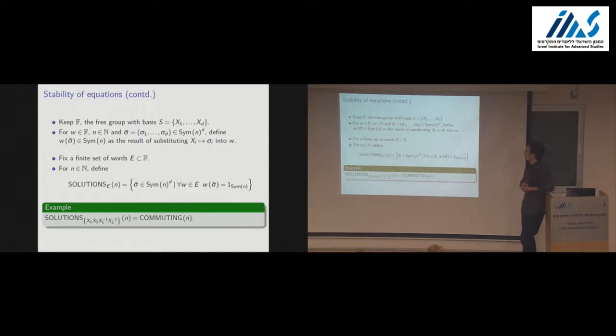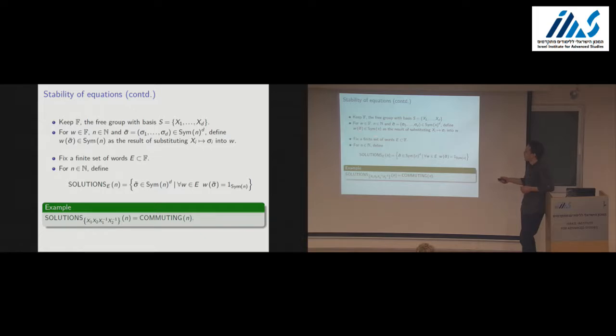Okay. So let's define this formally. I have this free group, and for any word W in the free group and a tuple of d permutations, where d is the number of generators of this free group, I write W of this tuple for the permutation you get by substituting sigma i instead of xi inside this word W. So yes, I just replace each formal letter xi by the permutation sigma i, and I get a composition of permutations.